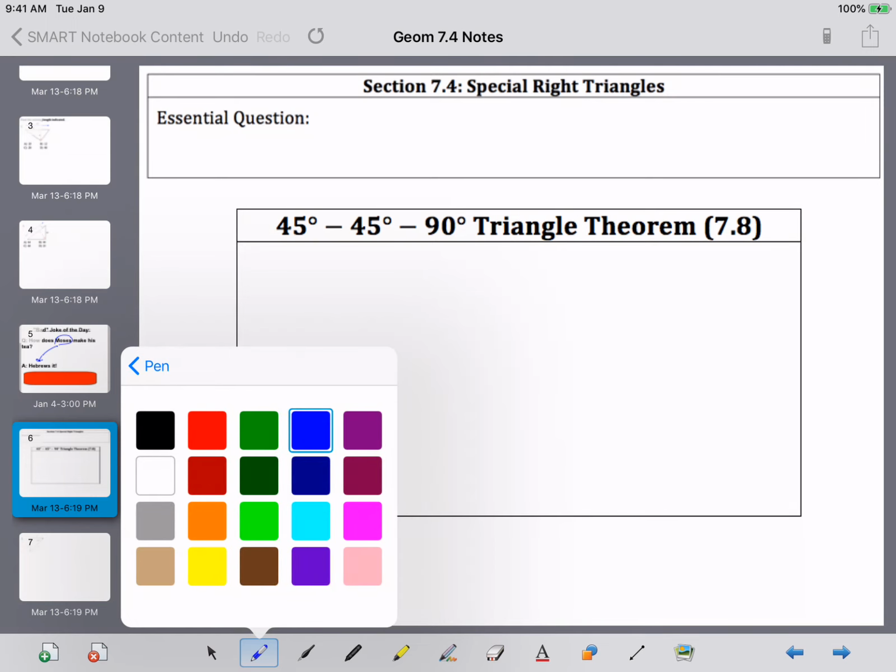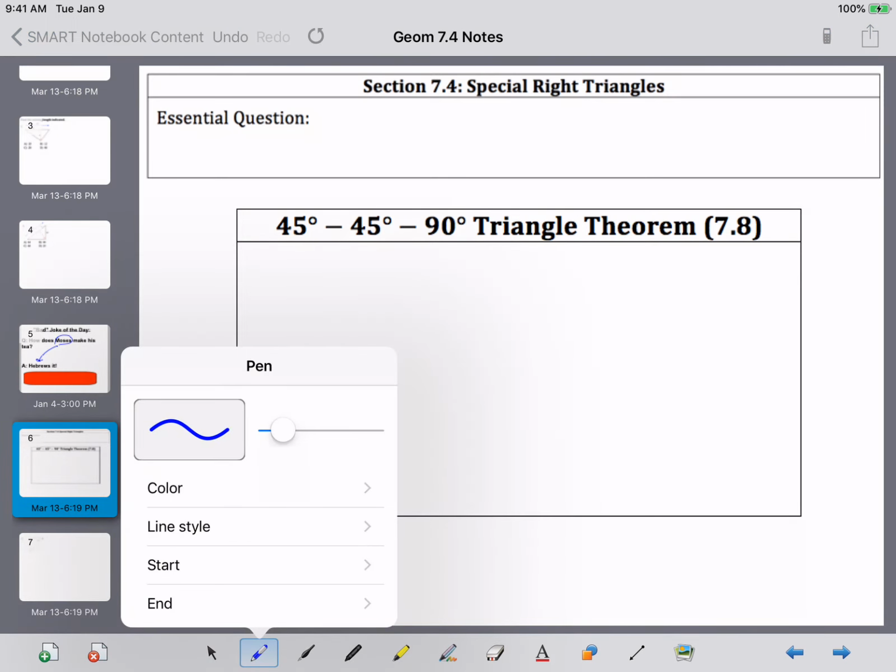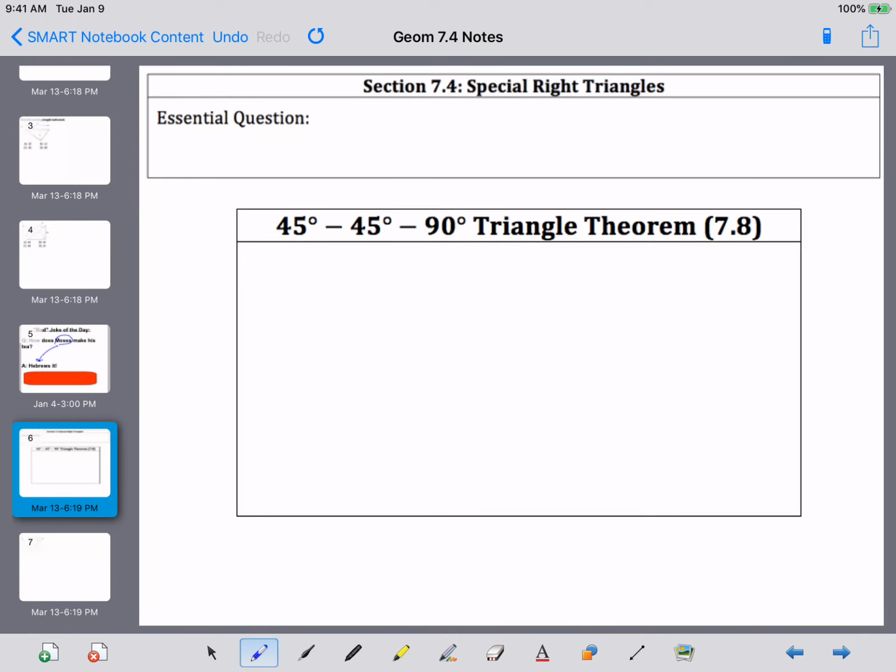In this video, you are going to learn about two different types of special right triangles, and then there are some formulas you can use. If you're only given one side length in one of these special right triangles, you can actually find the other two. Your essential question is: how do you find missing side lengths?